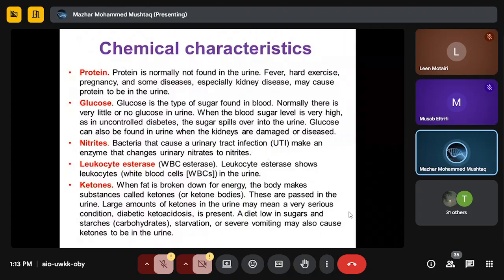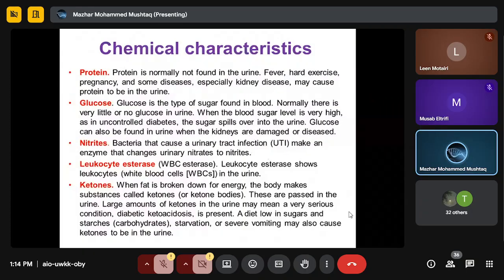Glucose, you all know the example of diabetes, where you can have glucose present in the urine, because in diabetes the concentration in the blood is very high, so the extra comes into the urine, which indicates diabetes mellitus. However, we do have some diseases where there is no metabolic problem. For example, glucose can come in the urine if there is a reabsorption problem. Glucose is reabsorbed in the proximal convoluted tubule, and there is a threshold.